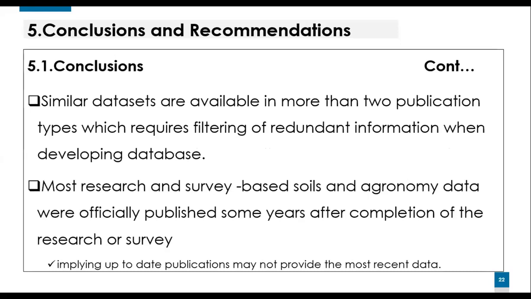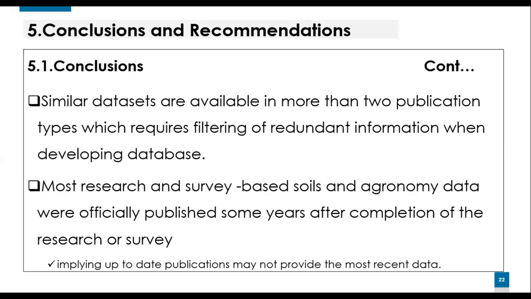And then some similar datasets are available in more than two publication types, which requires filtering of redundant information when we develop a national soil database or central platform. And again, most research and survey-based soil and agronomic data are officially published some years after completion of the research or the survey.